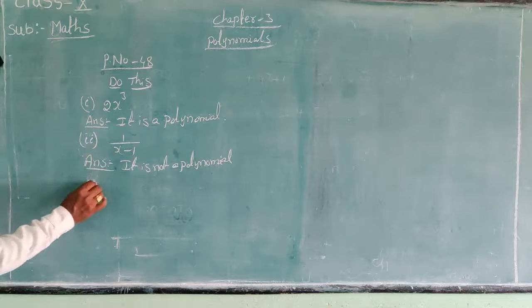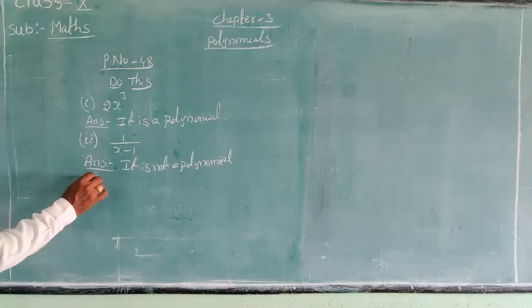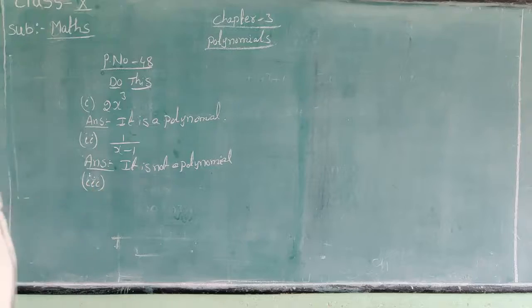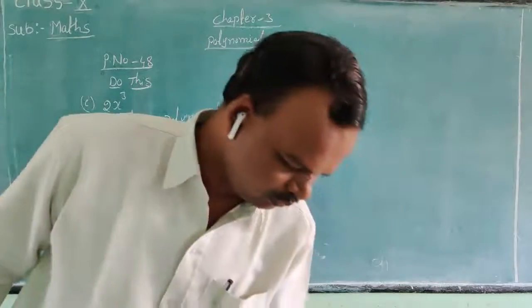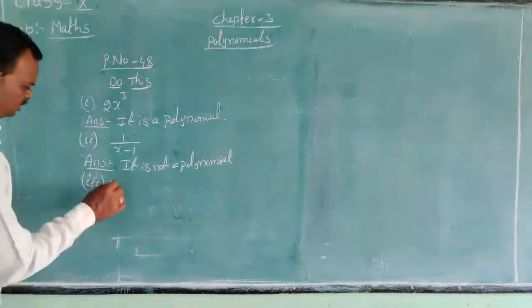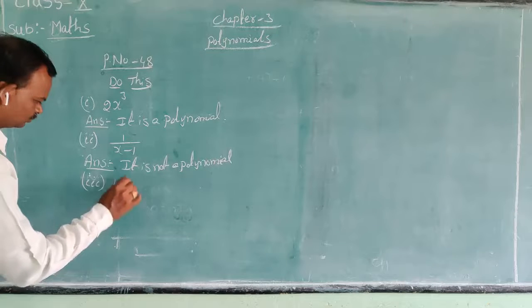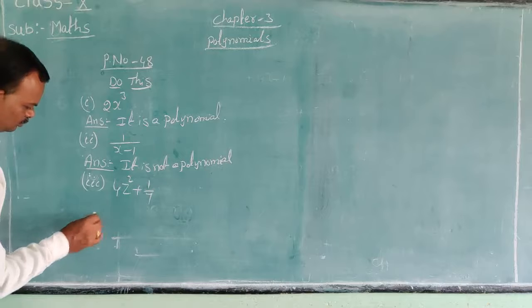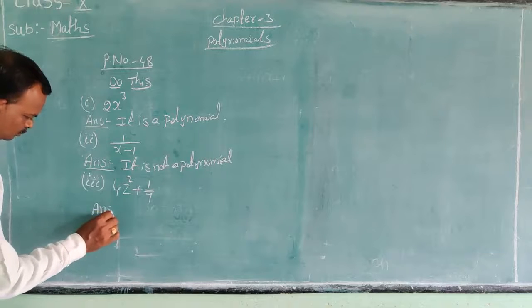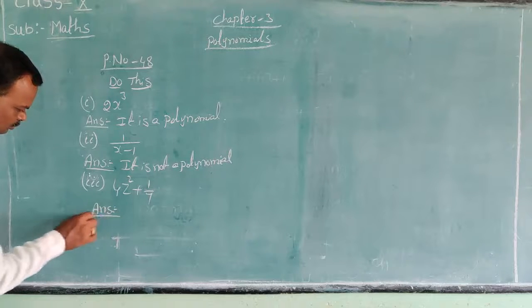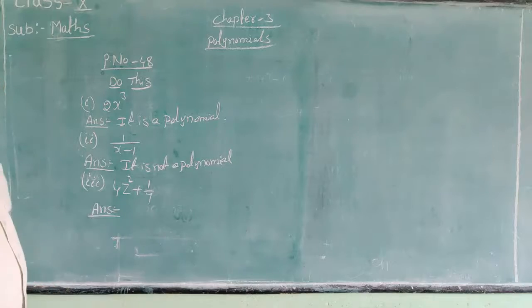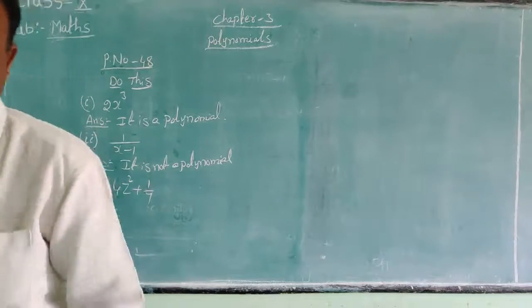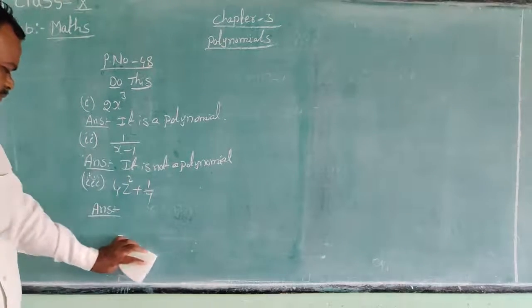Third one: z square plus 1 by 7. Polynomial or not?